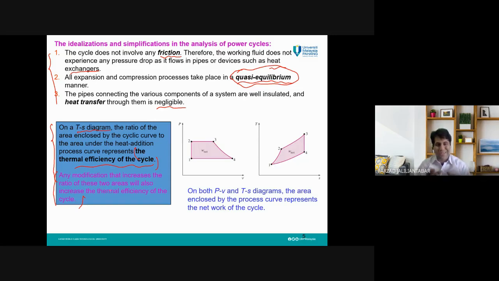If you increase the efficiency of the engine, it means maybe it consumes the same amount of fuel, but it can travel more. So our purpose always for different types of cycles, for different thermodynamic systems, is to increase the thermal efficiency. Very important parameter. We are always interested in increasing the thermal efficiency.